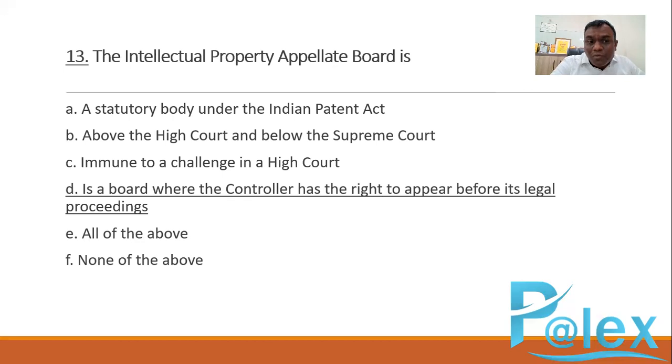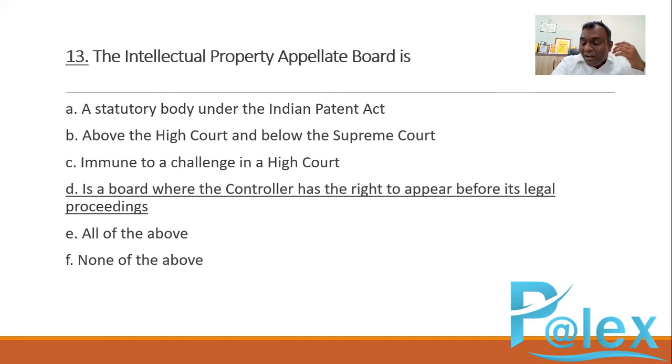The Intellectual Property Appellate Board. Now, this is something that I have been repeating in all my sessions or all the question paper answers. IPAB has been dissolved, but when it was there, it was not a statutory body under the Indian Patent Act. The Indian Patent Act didn't create the IPAB as a statutory body.